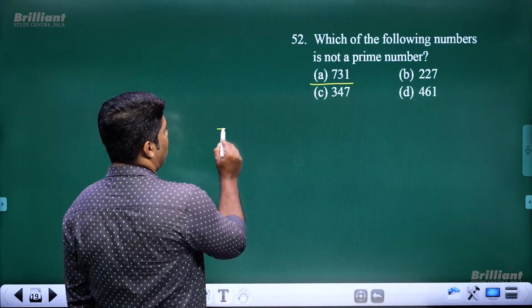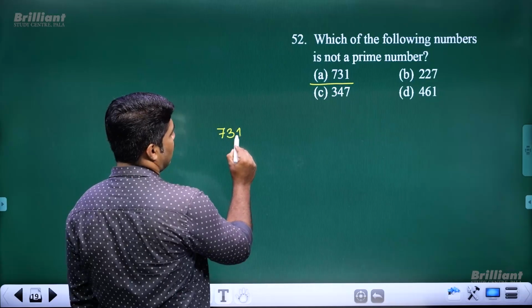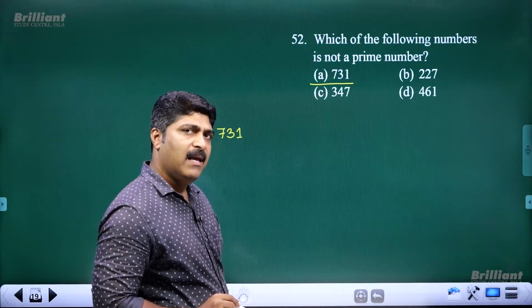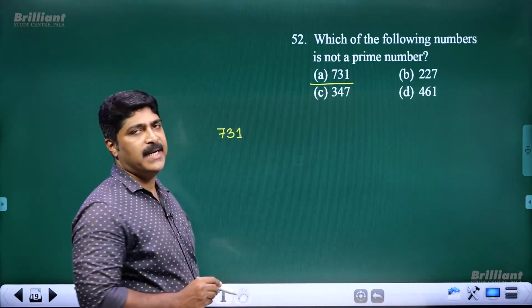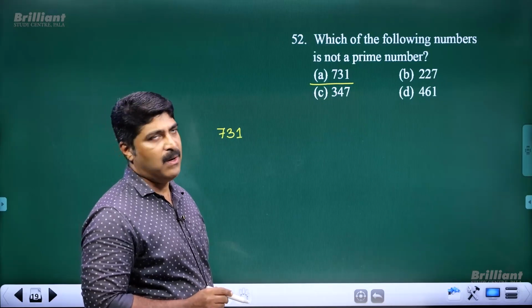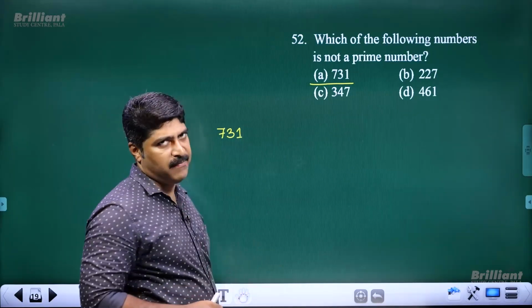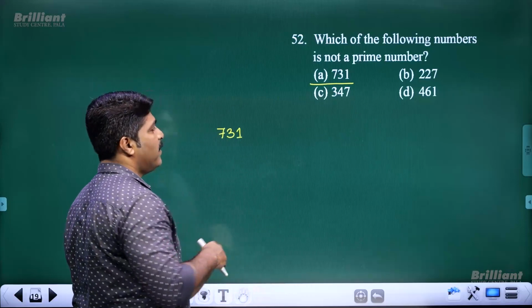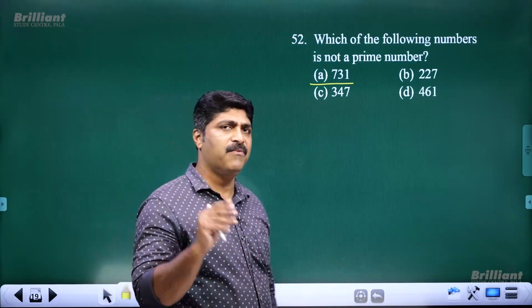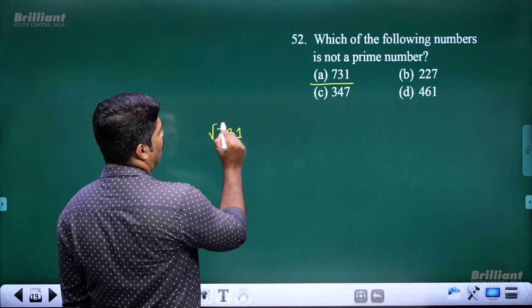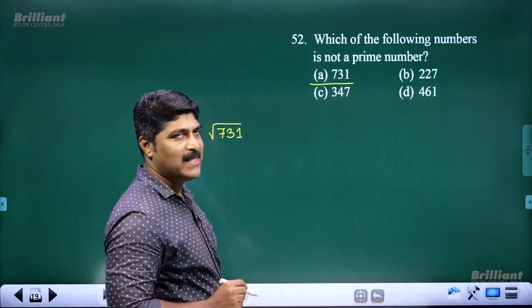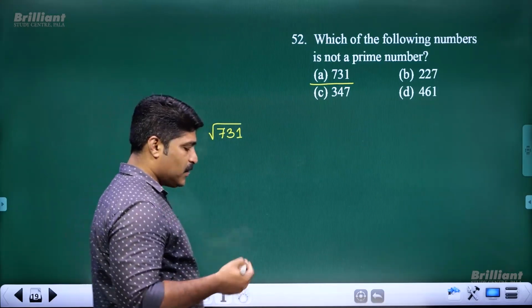There you have to consider the square root of 731, that is, the immediately preceding square before 731. So what is the range here? Just think about the values.